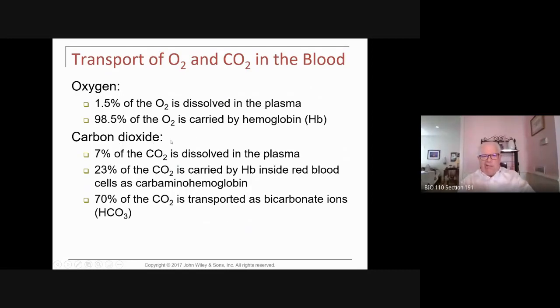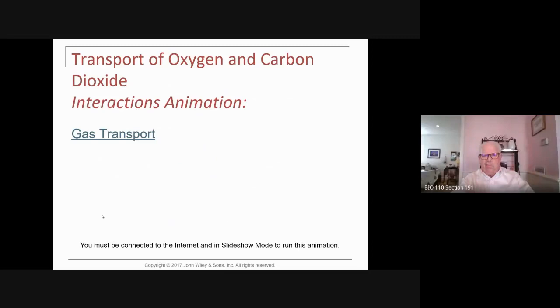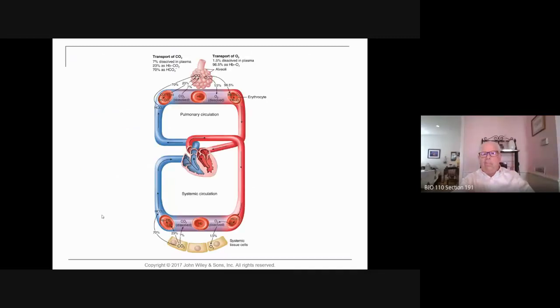Carbon dioxide is transported basically as bicarbonate. 70% of the carbon dioxide that is transported in your body is in the form of bicarbonate. Okay? That is extremely important. That is how carbon dioxide is transported, as bicarbonate ions. All right? Very important.